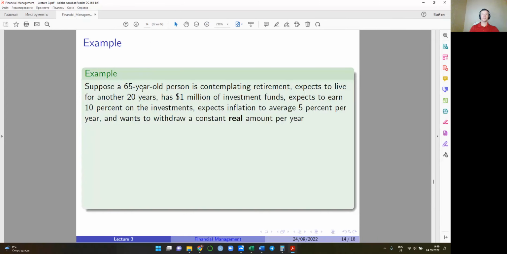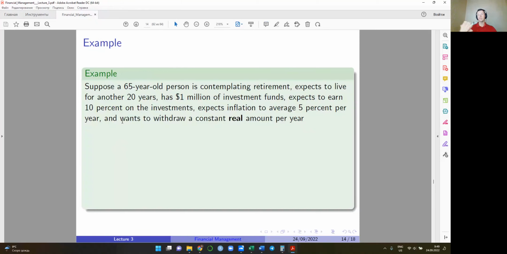So suppose a 65 years old person is contemplating retirement. He or she wants to retire and expects to live for another 20 years. Has $1 million of investment funds, some free amount that can be invested somewhere. And this person expects to earn 10% on the investments and expects inflation on average of 5% per year.